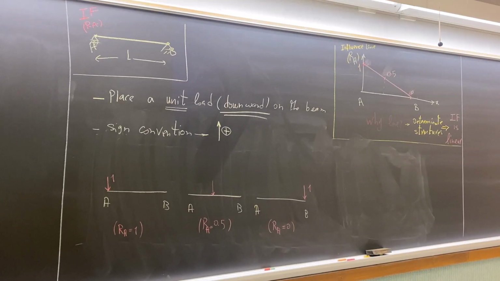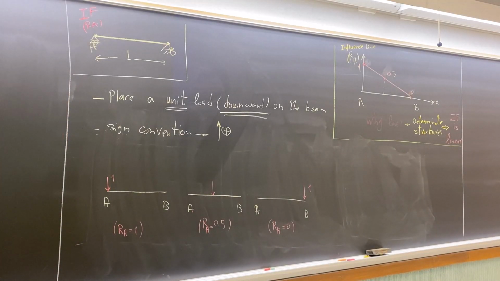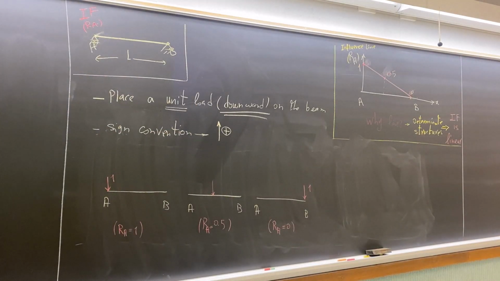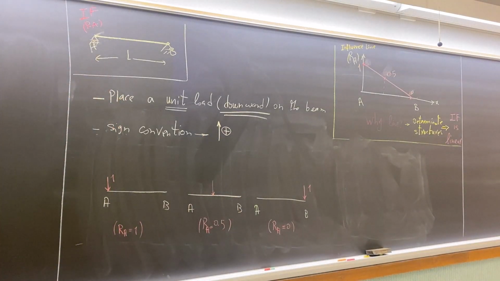It means we place a unit load and then we calculate the amount of that variable, which is reaction at point A in this question, and then we connect them by a straight line. And we will solve a couple of examples in this way, because I want to make sure you understand this concept. Because once we move to Mueller method, you will forget this method. I promise you. So try to keep it in your mind. This is the definition of influence line.